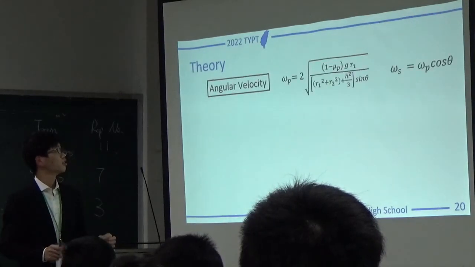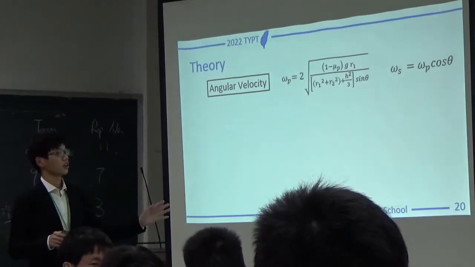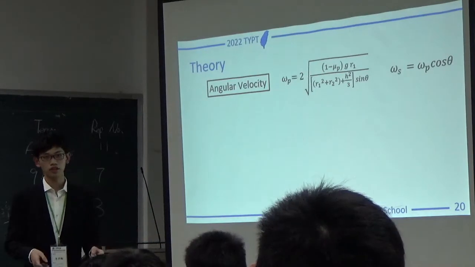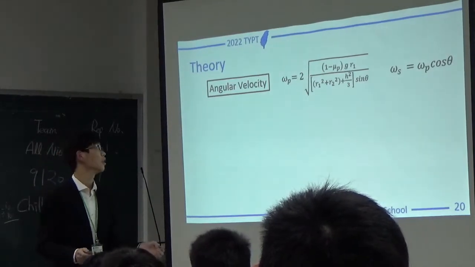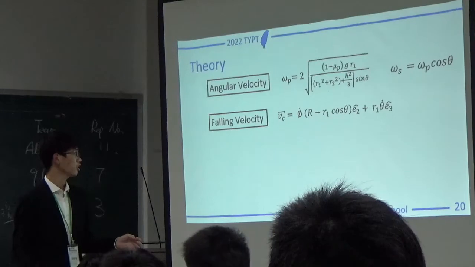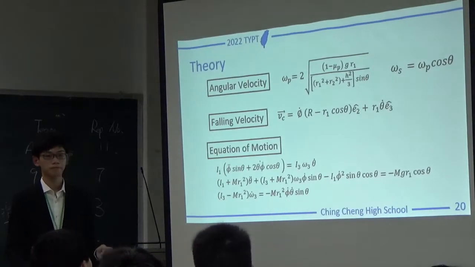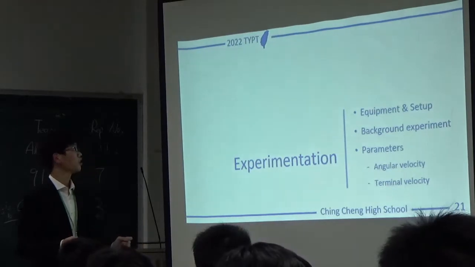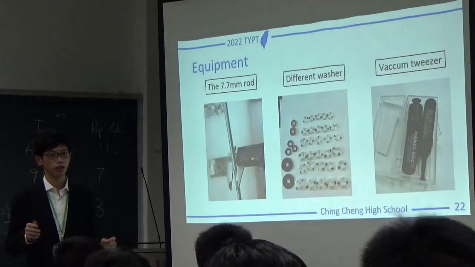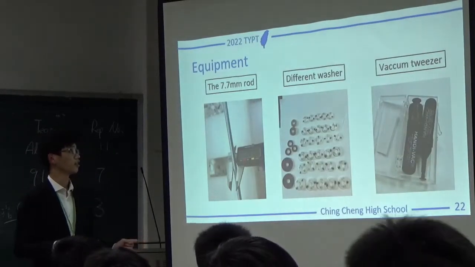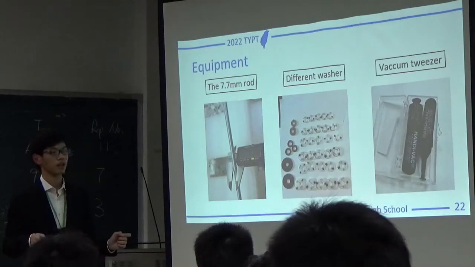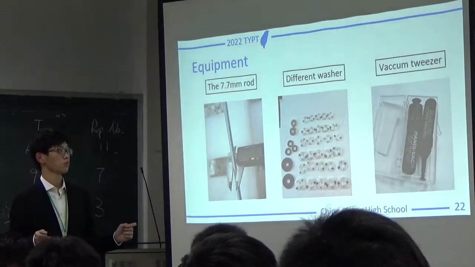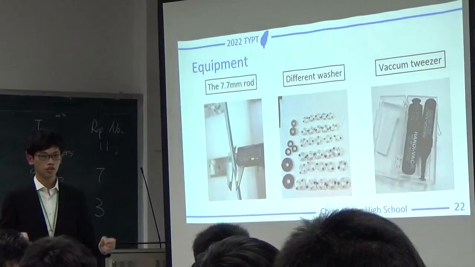We can get our angular velocity by using the previous Lagrange mechanics, and also the falling velocity and the equation of motion. And here comes our experimentation. Here we use a 7.7 millimeter rod and different washers as our ring, and also a vacuum tweezer to release our washer.